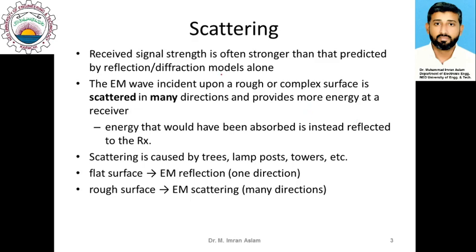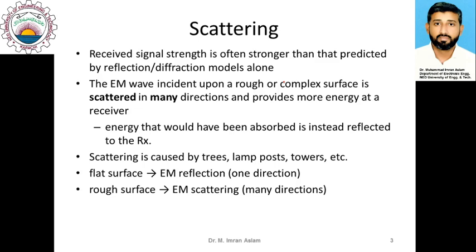An important aspect of scattering is that in some cases we get a received signal which is stronger than what is predicted by reflection and diffraction models alone. When the ray gets scattered, even a ray which is not going towards the receiver, after scattering, a component of that ray might be received at the receiver side.